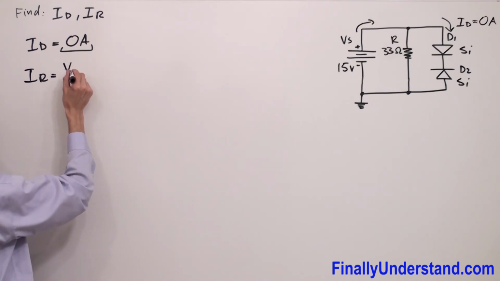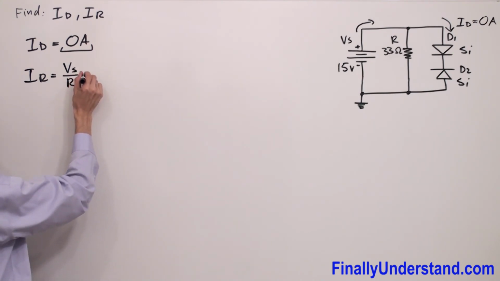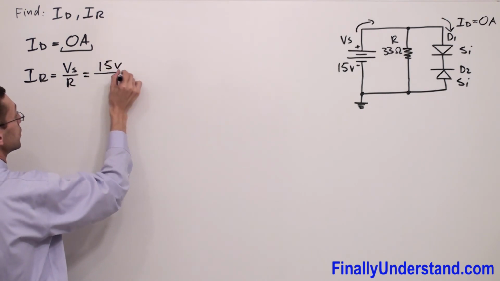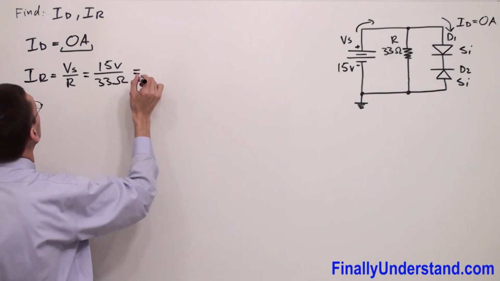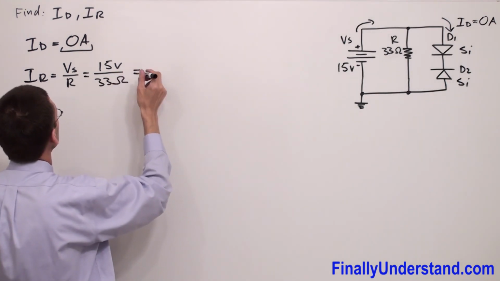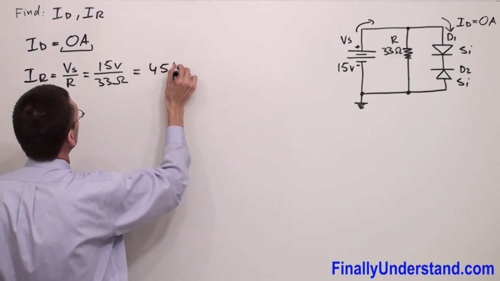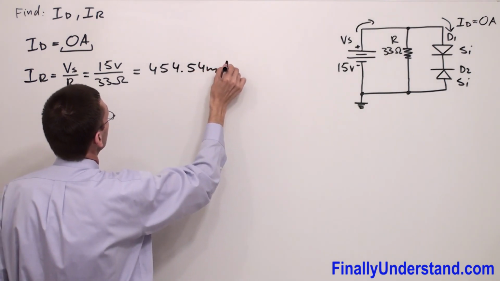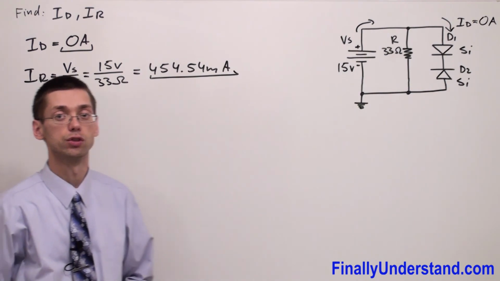But I can write that this is also voltage source over the resistance. Voltage source is equal 15 volts and resistance is equal 33 ohms. So voltage divided by resistance gave me 454.54 milliamps. And this is the solution to my problem.